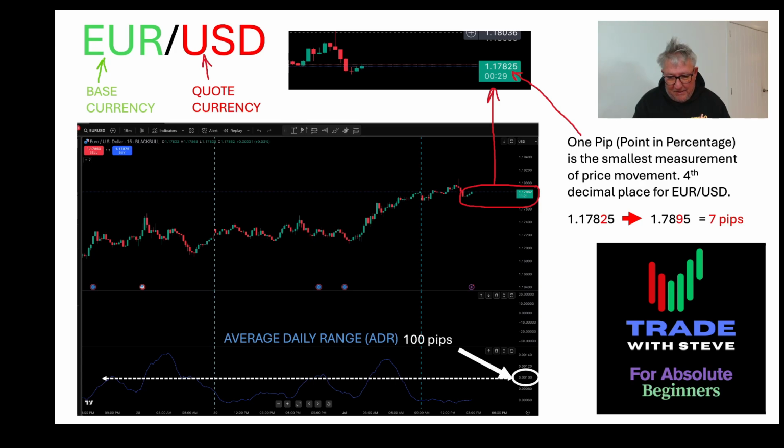And on the side of the chart, it says 100, which means 100 pips. So for this currency pair, it is likely to move 100 pips any day of the week. And that's really handy to know, and I'll tell you why later. So just keep that in the back of your mind, 100 pips.